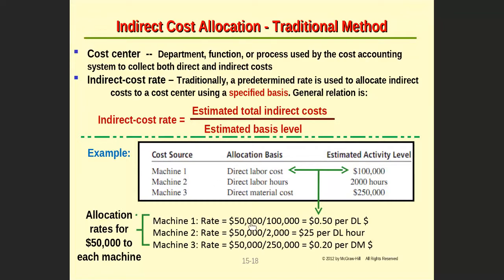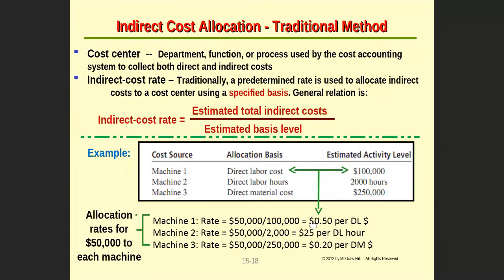So you divide the indirect cost by the allocation basis level, which is 100,000, to get $0.5 per labor. It will be the cost per the basis level for the labor cost, 50 cents for the labor.